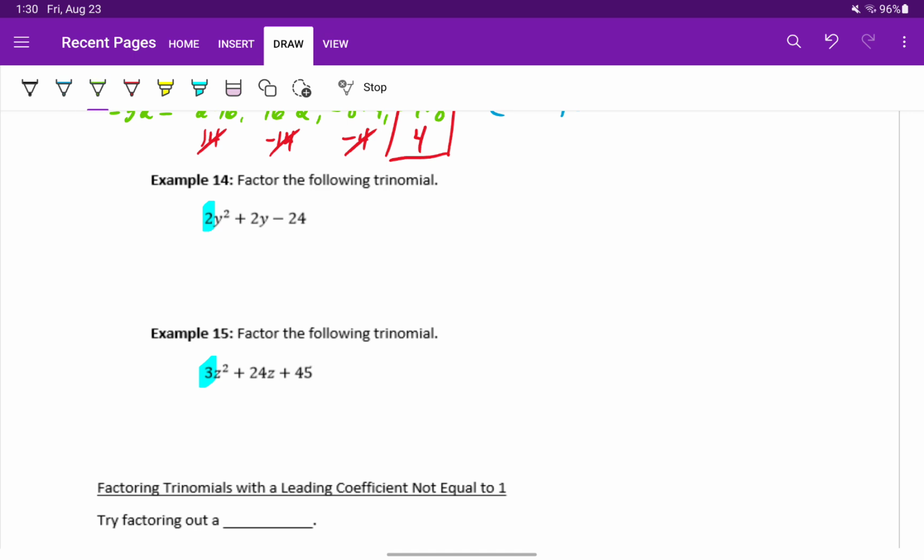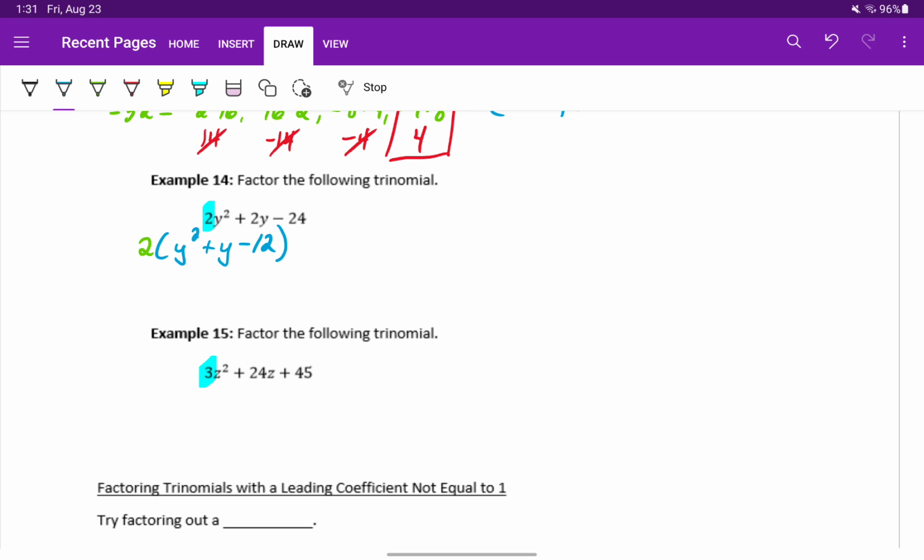So here, each of our coefficients in example 14 are divisible by 2. So we can start off by dividing out that factor of 2 to make our polynomial y squared plus y minus 12. If there is a GCF that you can factor out, check for that first.